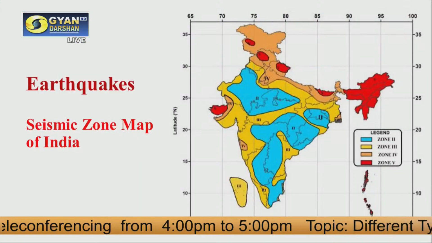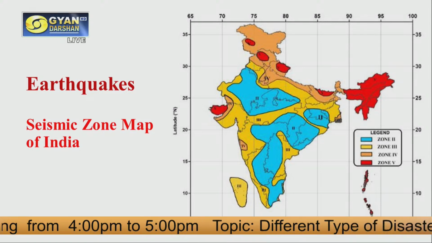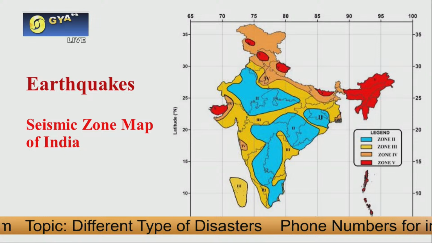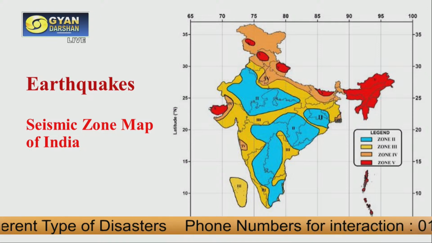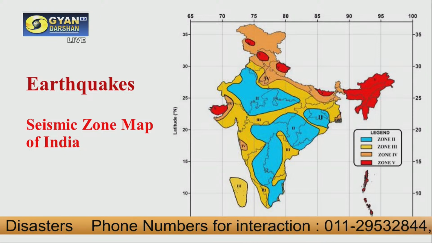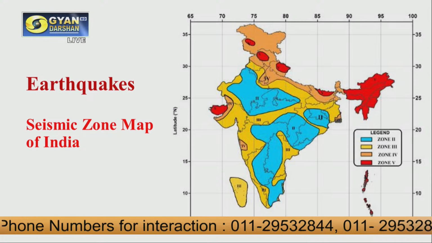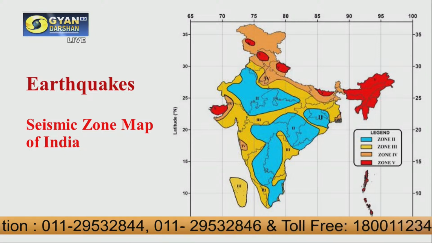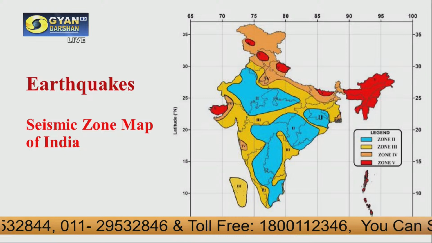Now let us move to earthquake disasters. First of all, here you see the seismic zone map of India. As you know, there are 4 seismic zones in our country. Earlier there were 5 seismic zones, zone 1 to zone 5.